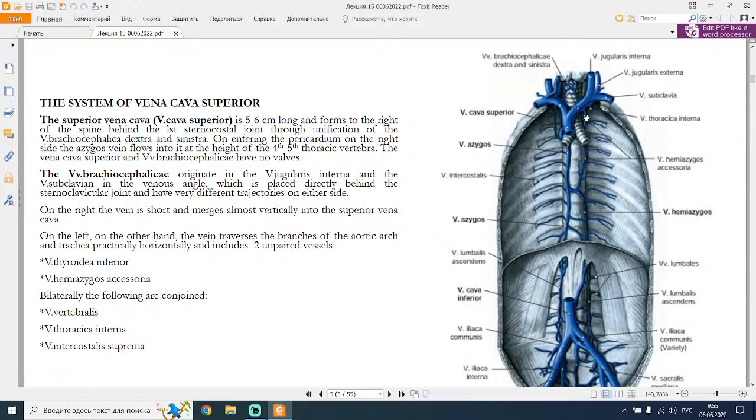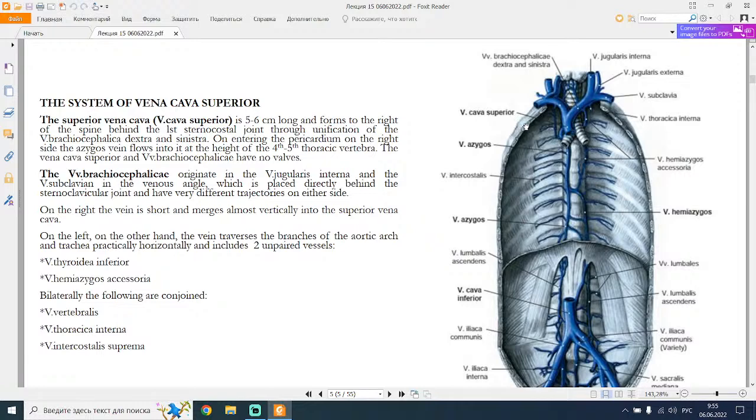On the right, the vein is short and merges almost vertically into the superior vena cava. On the left, on the other hand, the vein traverses the branches of the aortic arch and trachea practically horizontally and includes two unpaired vessels.